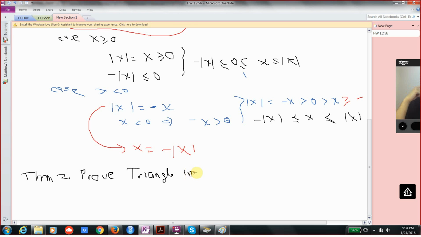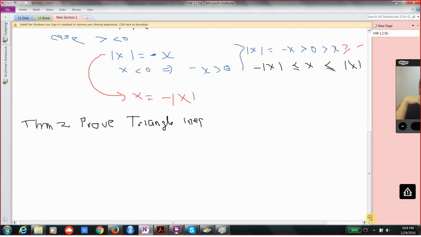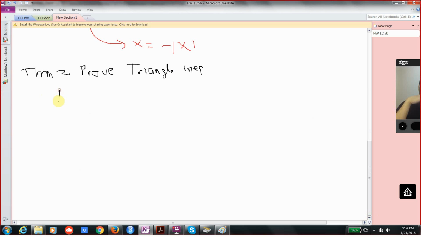And here's what the triangle inequality says. It says that if we have any two real numbers, a and b, the absolute value of a plus b has to be less than or equal to the absolute value of a plus the absolute value of b.